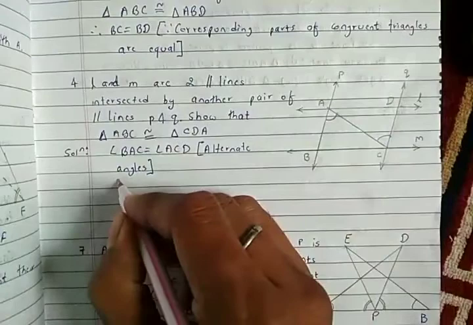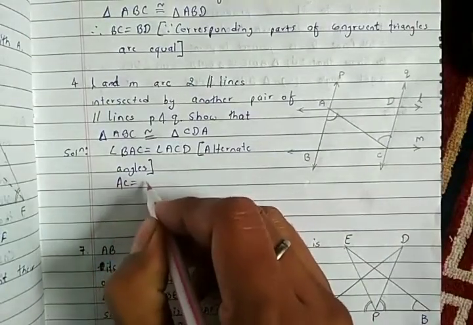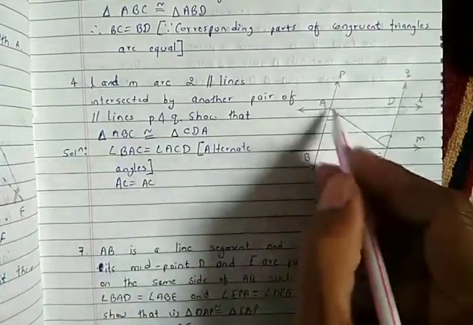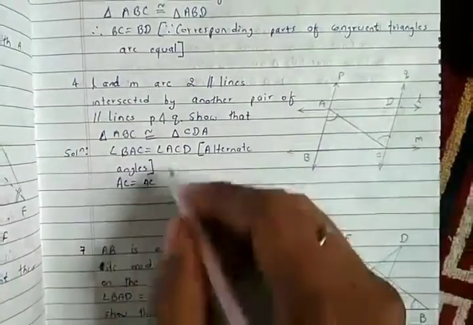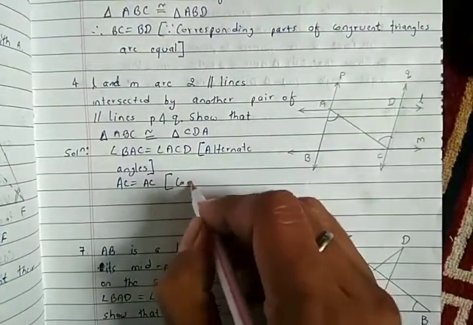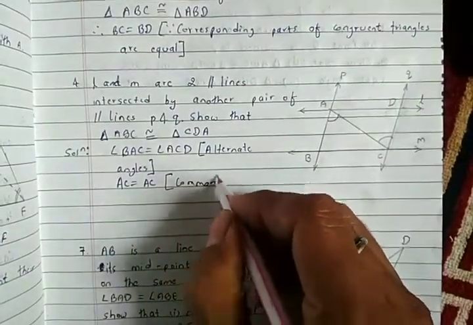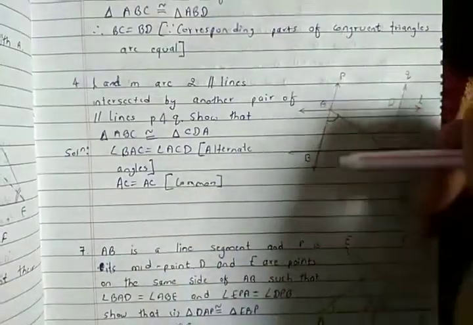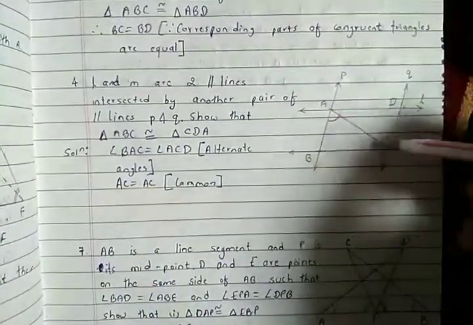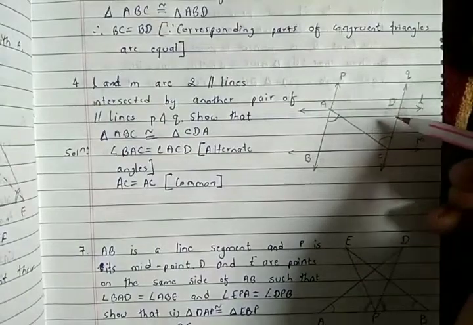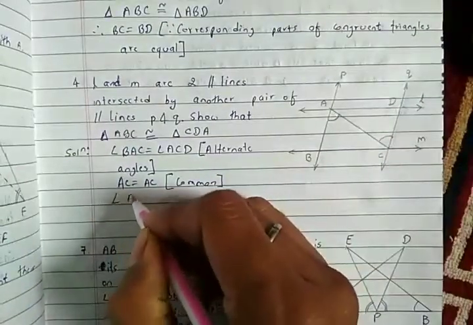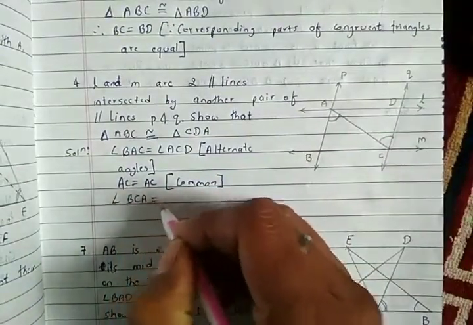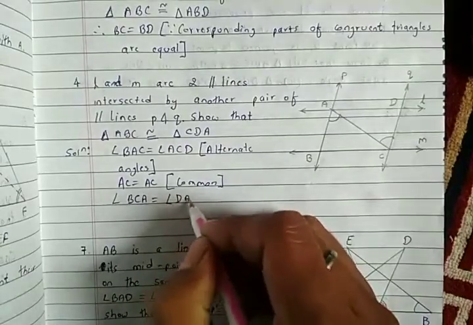Now AC is equal to AC, right? It is common for both these triangles ABC and ACD. Now angle BCA equal to angle DAC.